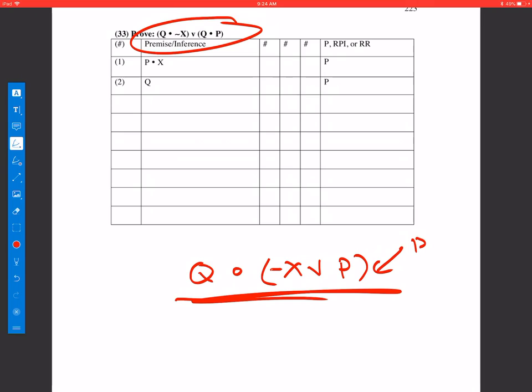So if we can get to this, we can convert it to what we're looking for by distribution.